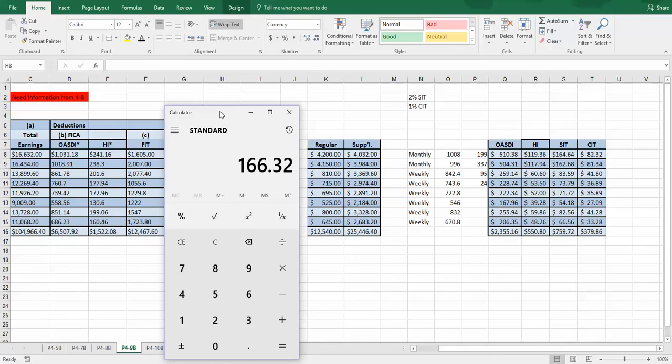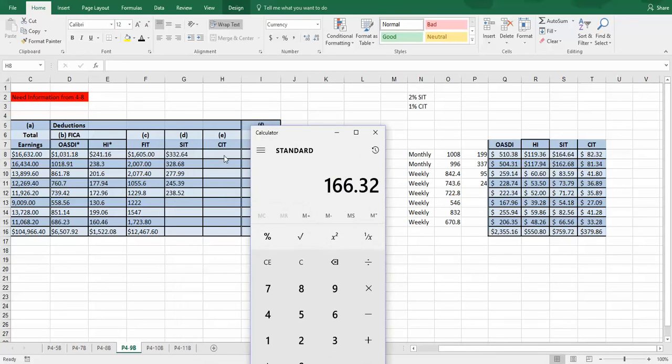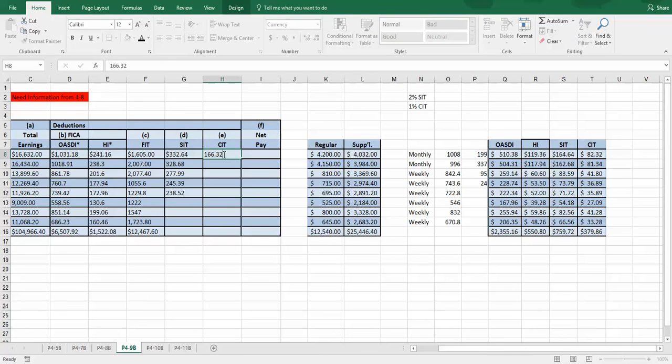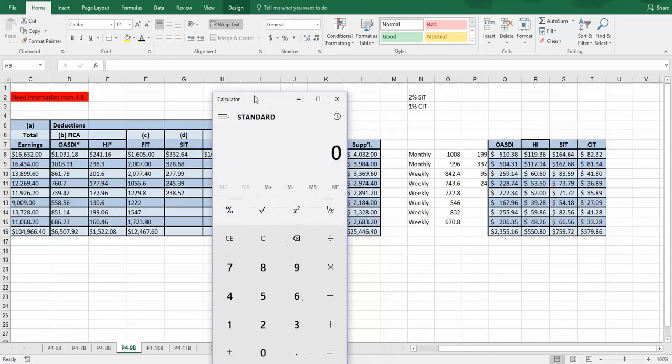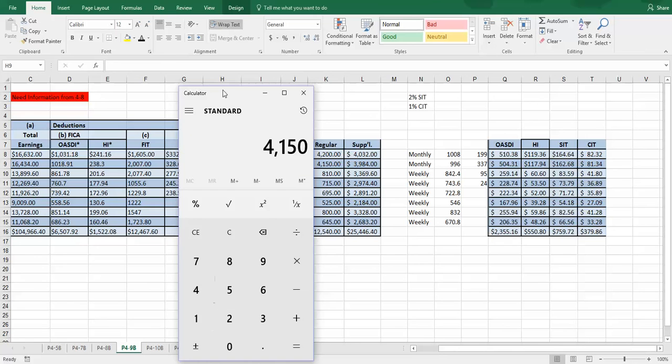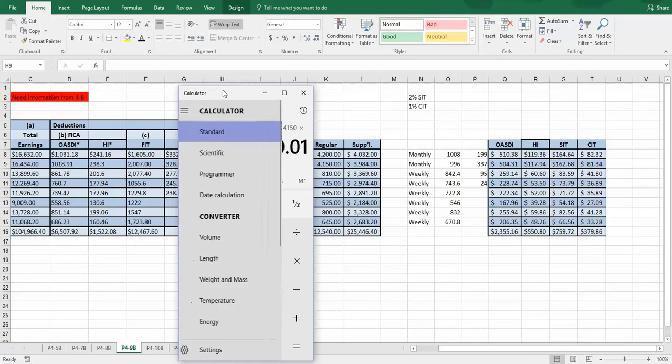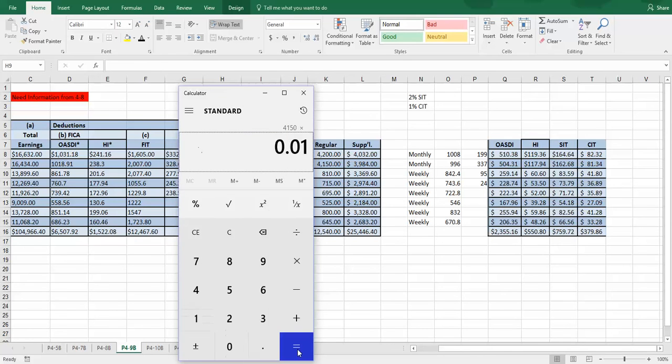So that's 166.32. And then we go 41.50 times 1% times 2 plus 81.34. It's 164.34.